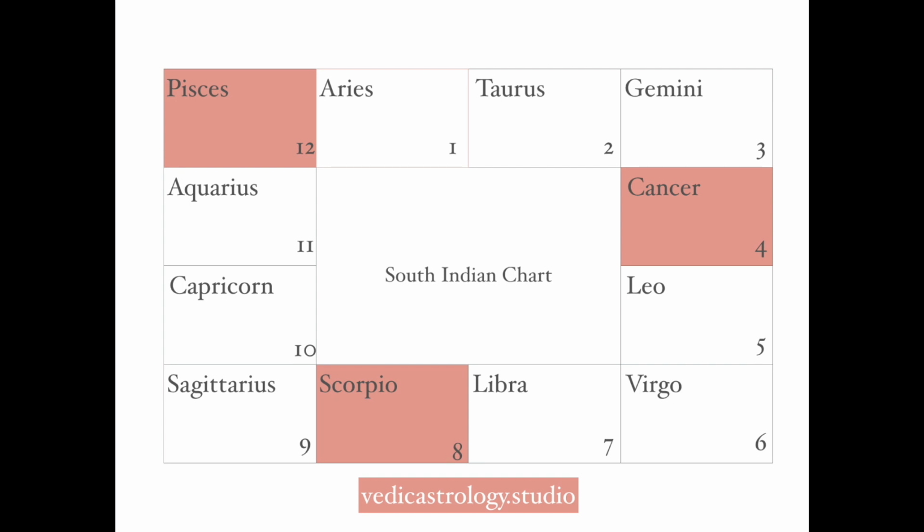So the 4th house represents the home of the mother. The mother usually stays at home and nurtures her children. So the 4th house has to do with the mother nurturing her children, nurturing the family through cooking, and through taking care of the household duties.